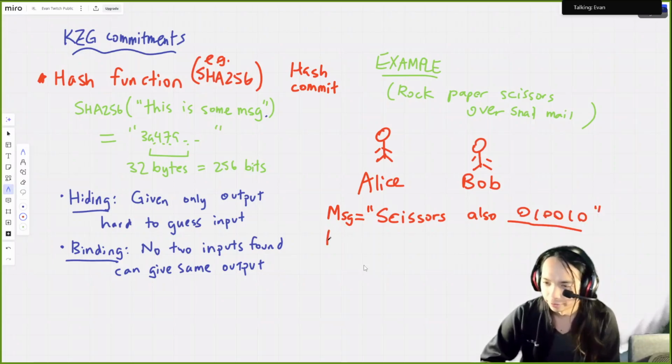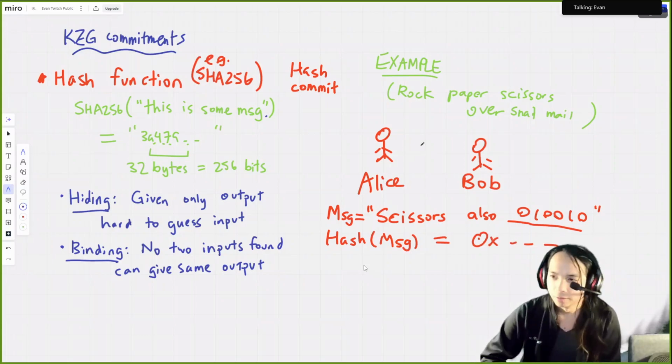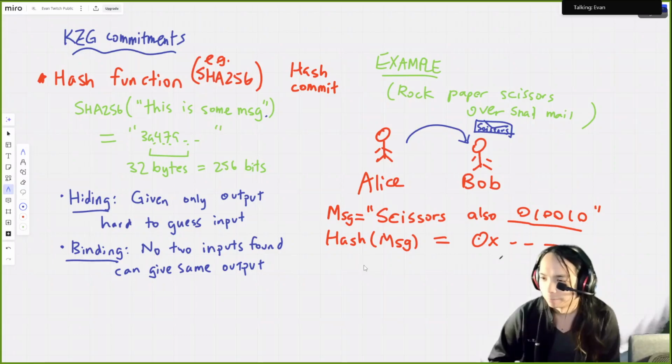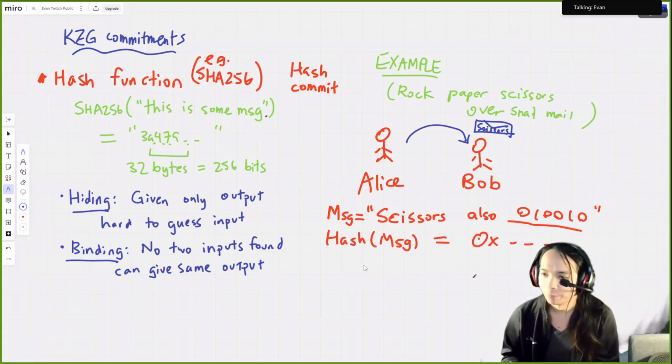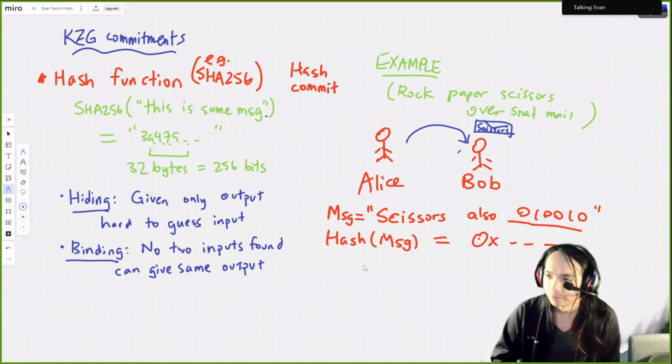Then compute the hash of the message, which is some hex string, and send it to Bob. You can think of a hash function as an envelope that seals the message inside so that Bob can't read it, but it's committed. Once Bob has the hash in his hands, Alice can't change the message she originally wrote. Then Bob does the same thing, sends some hashed message, paper or whatever.